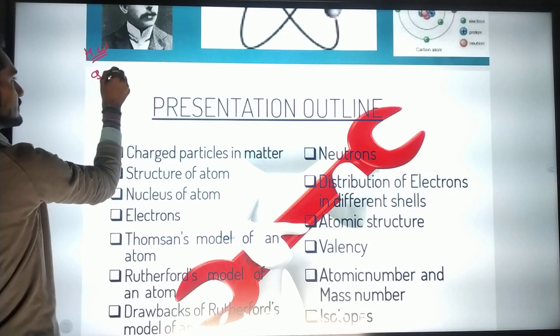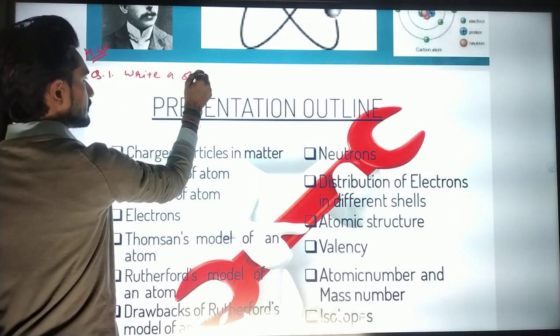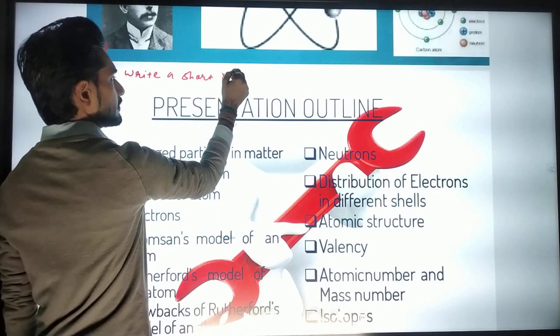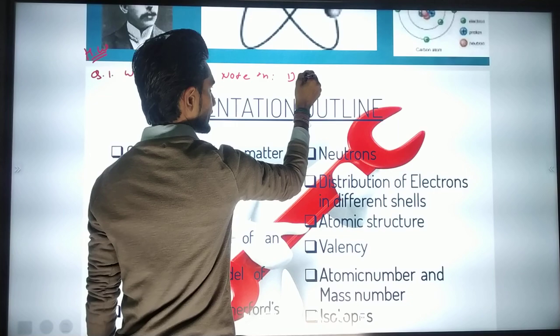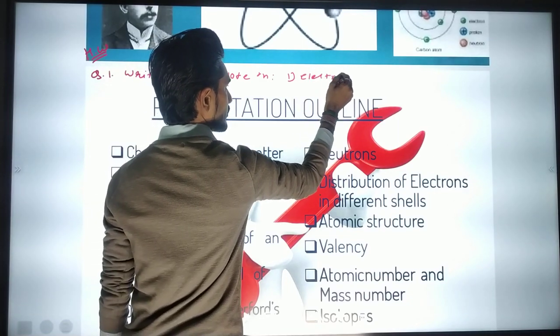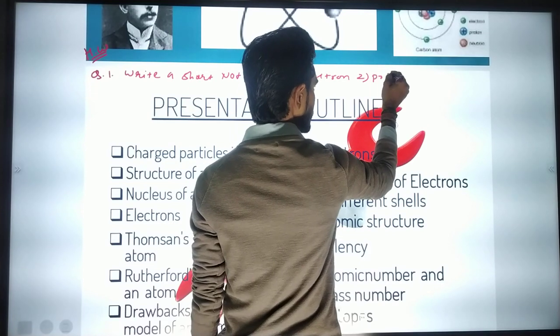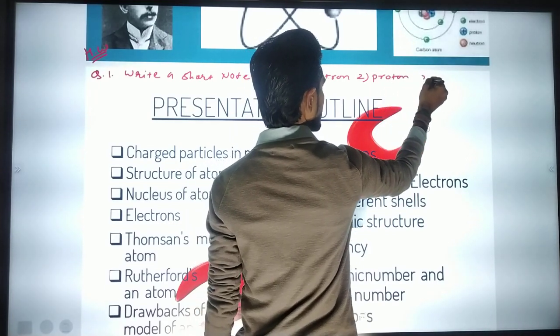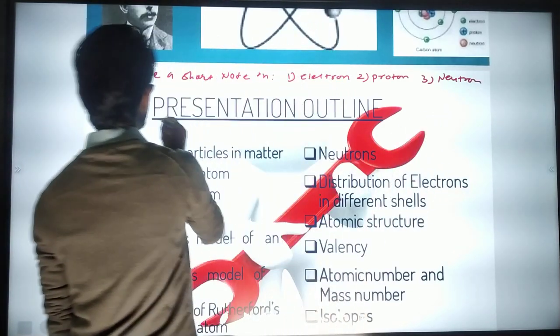Question number 1. Write a short note on electron, proton, and neutron. Question number 2.